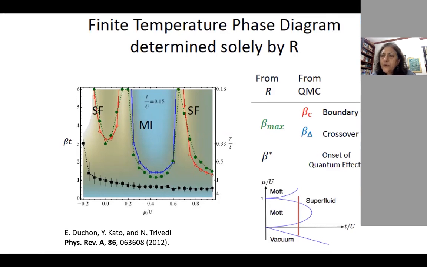Right. So, I showed that n of k. If you analyze n of k, it'll go like 1 over k to the power, let's say 2 minus eta, some exponent there. In the superfluid region, you would have a delta function at k equal to 0.